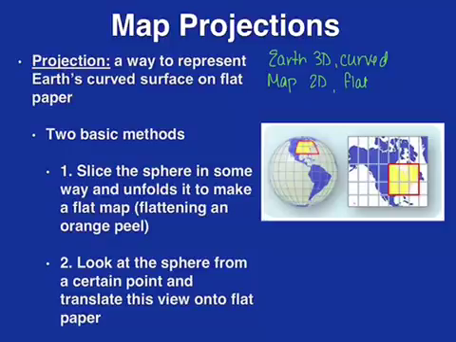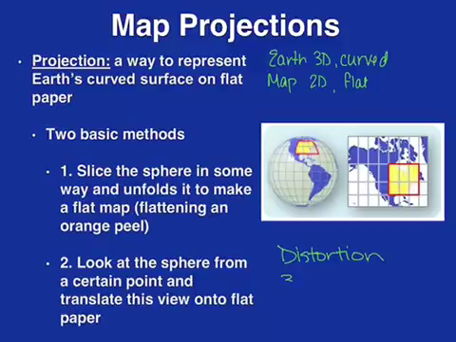The first way would be to slice a sphere in some way and unfold it to make it into a flat map, like taking the peel off an orange and trying to flatten it out. The other way would be to look at the sphere from a certain point of view and draw this view onto a flat piece of paper. Both of these ways are going to cause some sort of distortion.